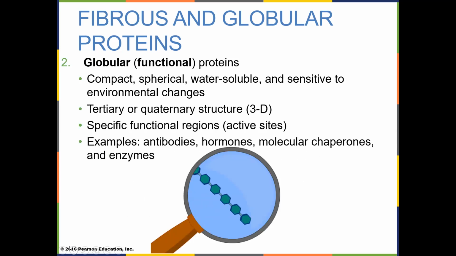The globular proteins are different. These are the enzymes. These are the hormones. These are the antibodies. They are very sensitive to temperature. They're very sensitive to changes in pH. They are soluble in water. They have a problem trying to get into cells because they are soluble in water.